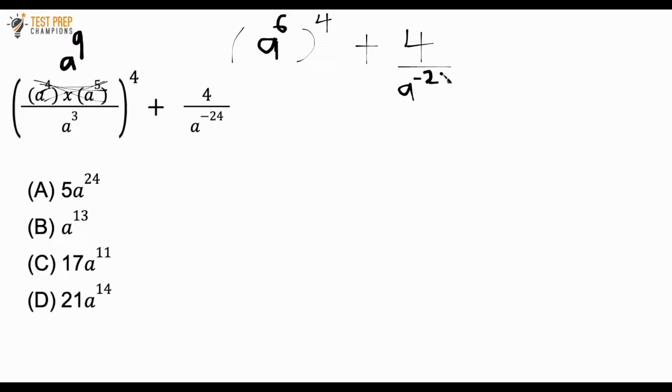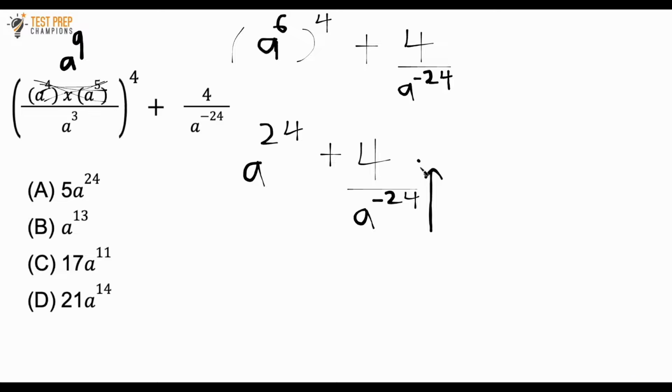So I'll rewrite that out as well. So the way I handle this now is I'm going to do 6 times 4, which is 24. So I do that, and I can rewrite this then as a to the 24 plus 4 divided by a to the negative 24. Now, the way that I want to handle this is I take this a to the negative 24, and I'm going to bring it upstairs in my fraction.